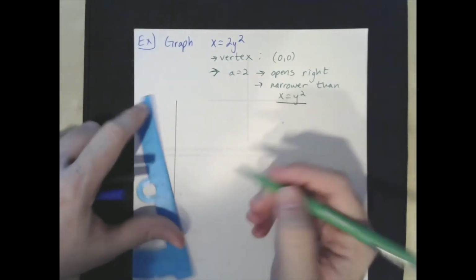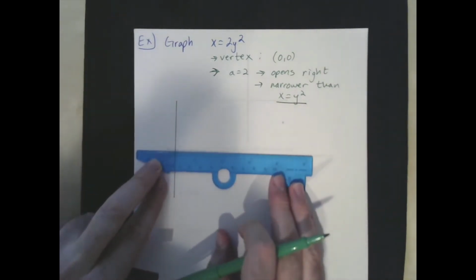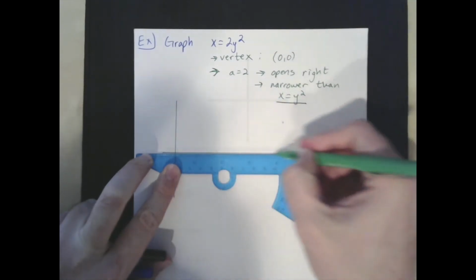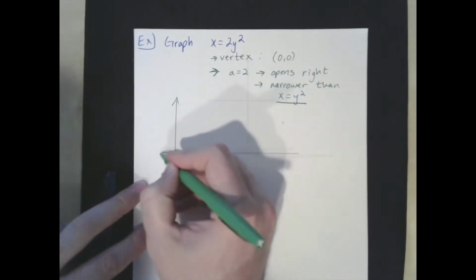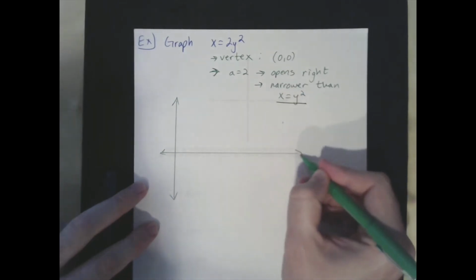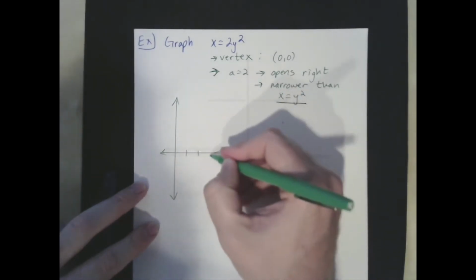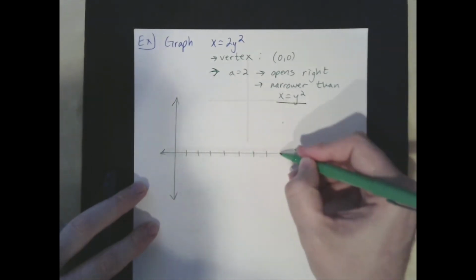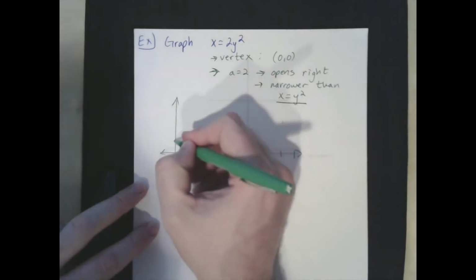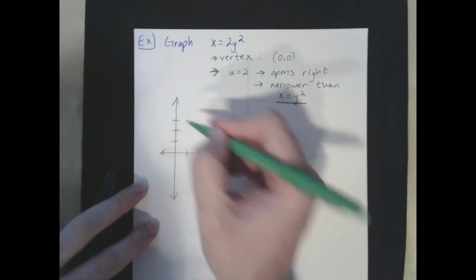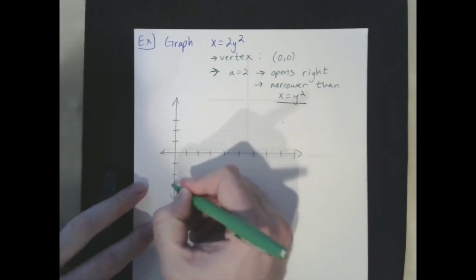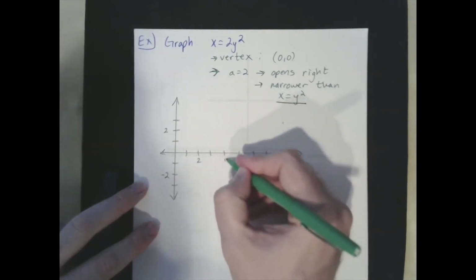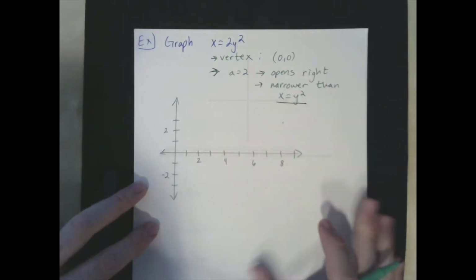So we're just scaling our axes to fit our needs like we've done before. There 1, 2, 3, 4, 5, 6, 7, 8, 9. 1, 2, 3. 1, 2, 3. So that's -2. That's 2. This is 2, 4, 6, 8.